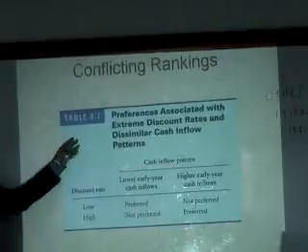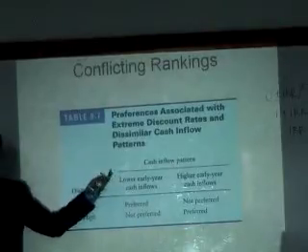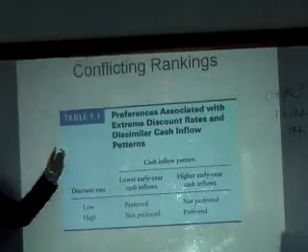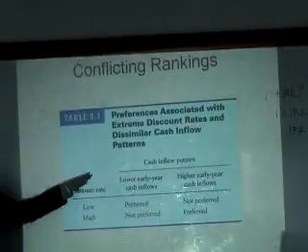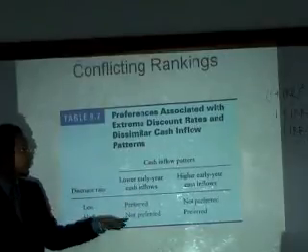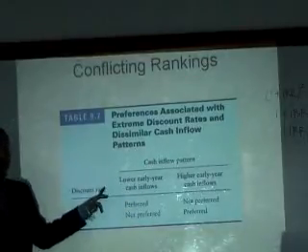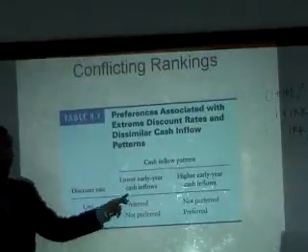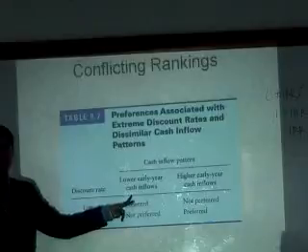So the rule that we are using here, when we have the probability ranking, is that when you have a lower early year cash inflow and a low discount rate, you accept the project.